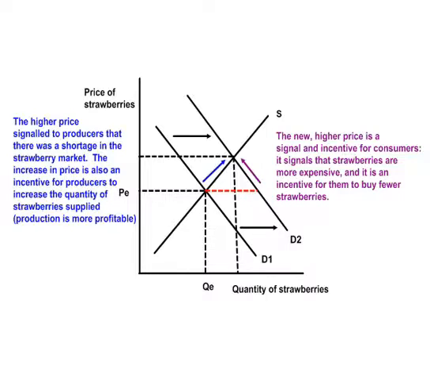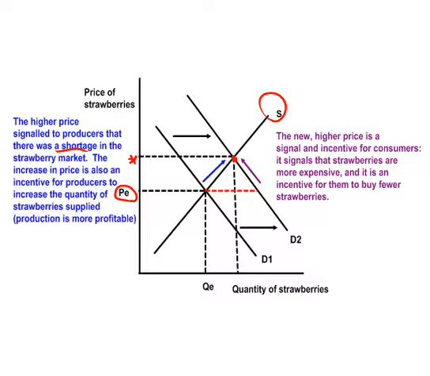So what ends up happening? We know that the price is going to go up from the initial price to the new price, which is here. But we've got two movements happening. We have to be careful along which curves we're talking about. If we look at the supply curve here, the higher price signaled to producers that there was a shortage in the strawberry market.